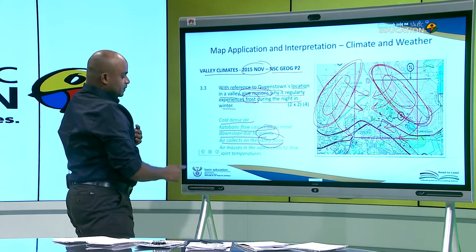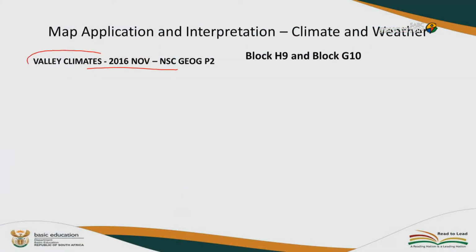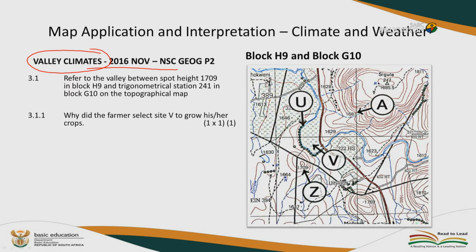The next question was in 2016, and again note the examination of valley climates. And in this particular example, we had the following. Refer to the valley between spot height 1709 in block H9 and the trig station 241 in block G10 on the topographical map.